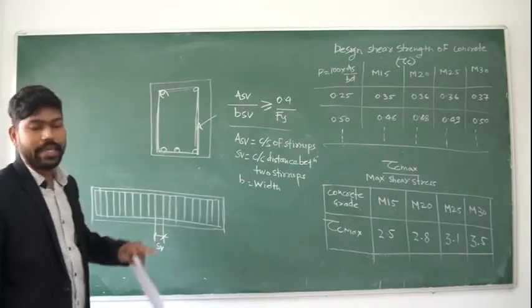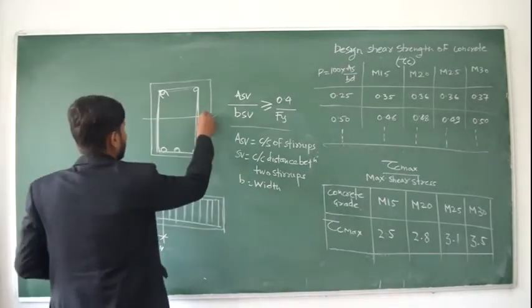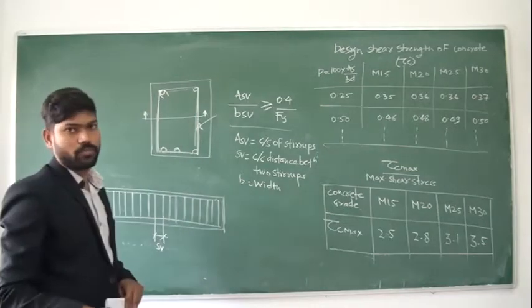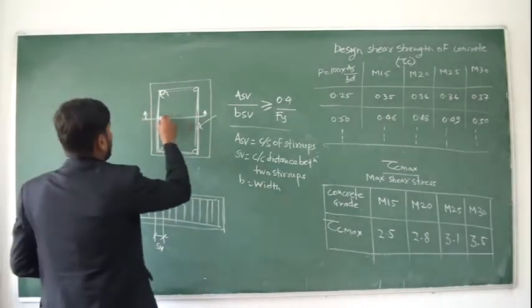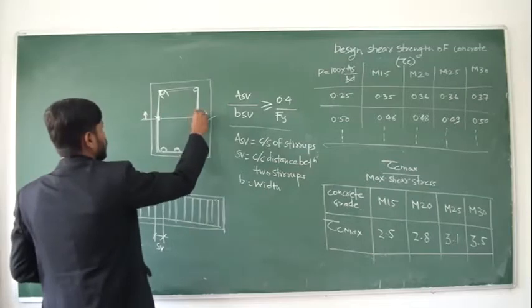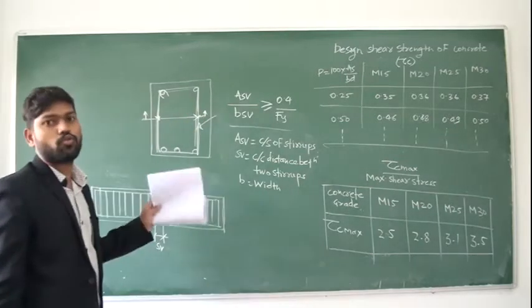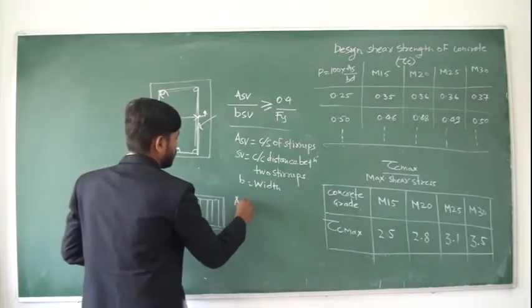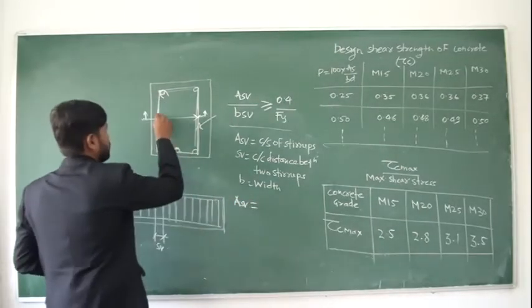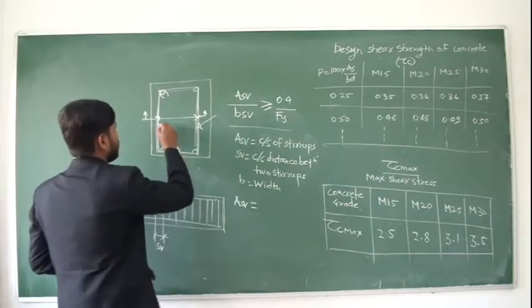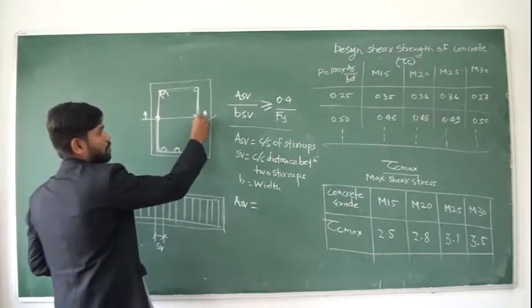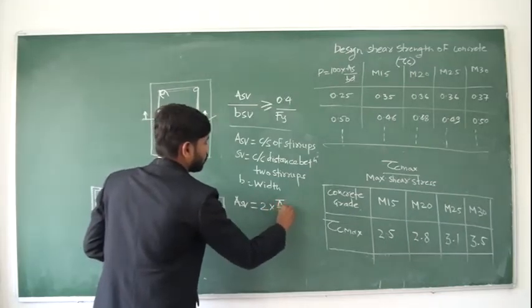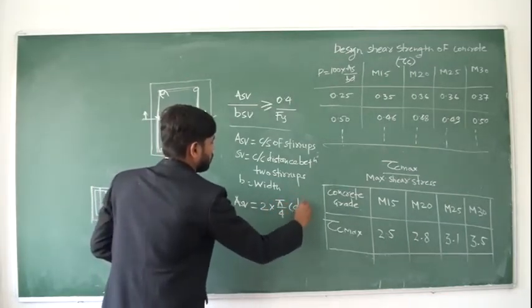Now how to calculate Asv? Asv is the cross sectional area of this vertical stirrup. This stirrup is called a two leg stirrup, which means when I cut this section, I will cut these two legs of the stirrup. So when I calculate the cross sectional area Asv, it will be pi by 4 into d square plus pi by 4 into d square, so it's 2 multiplied by pi by 4 into d square.